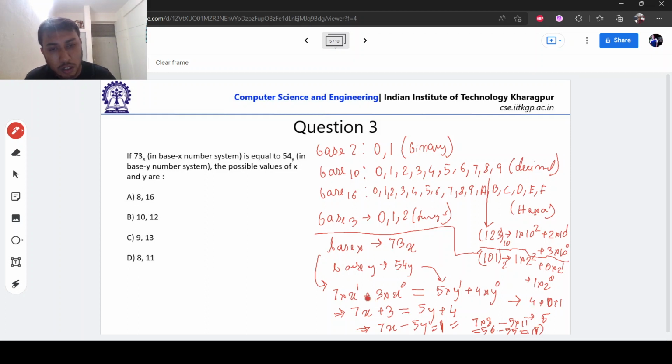So this equation is satisfied by option d, that is 8 comma 11. Okay, so that is how it will be done. Option D is the correct answer.